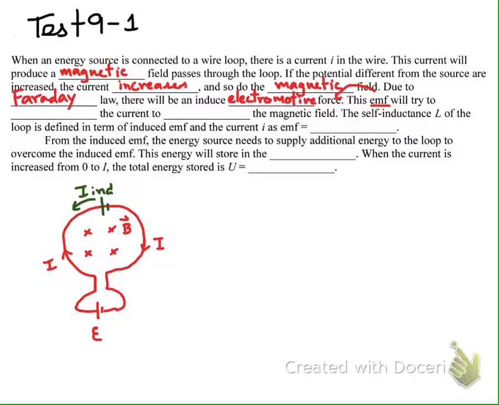the induced current will create the magnetic field in the opposite direction of the original field.